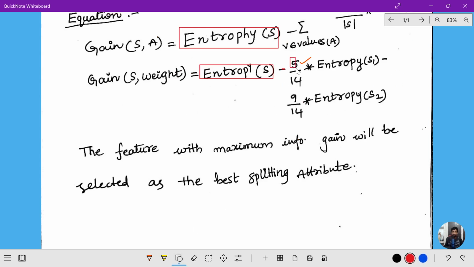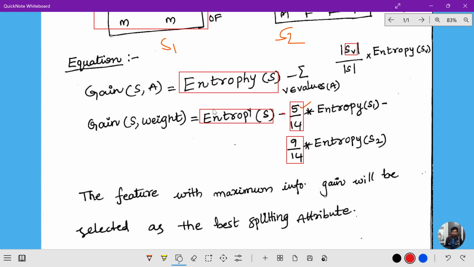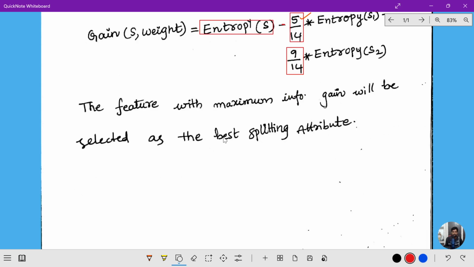So the first is 5 by 14 and the second is 9 by 14, because we are going to take the summation. Now we need to substitute all the values of entropy, which we already discussed previously. After completion of all calculations, the feature with maximum information gain will be selected as the best splitting attribute.